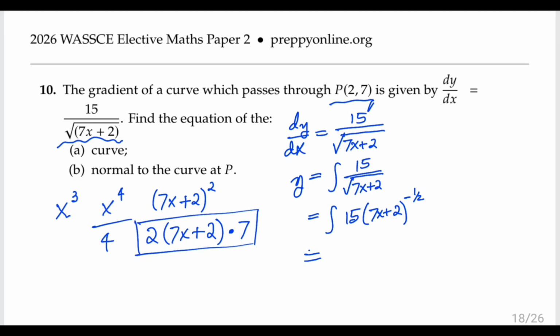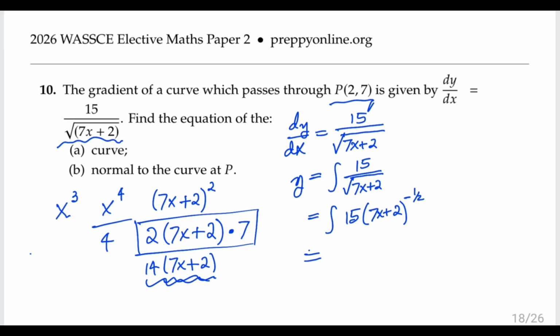If you simplify this, you get 14 times (7x + 2). Now if you wanted to integrate this, what would you do? Well, you can increase the power of what's in the brackets by 1.